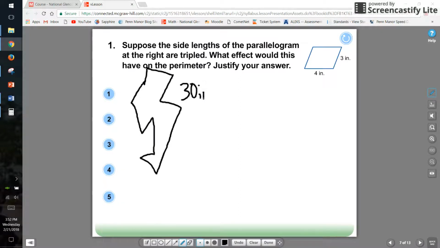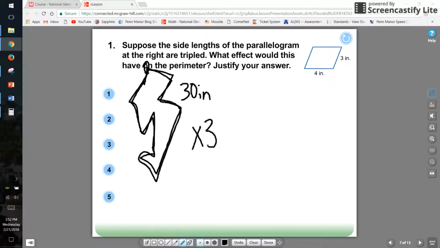It takes 30 inches to walk all the way around the outside from point whatever that is and back. Right, 30 inches. That's the perimeter. If someone says that's not big enough, why don't you triple it? All right, triple it to me means times it by 3. With you? I'm with you.